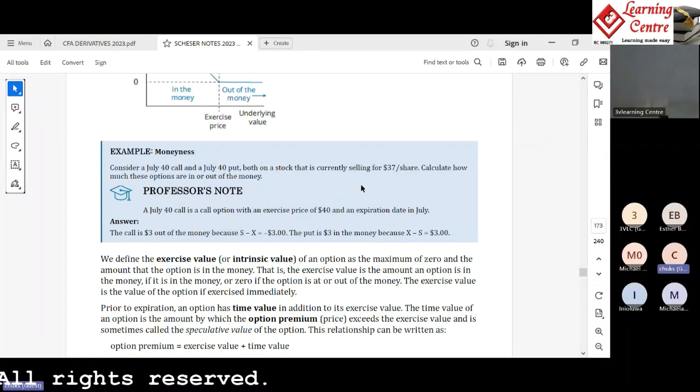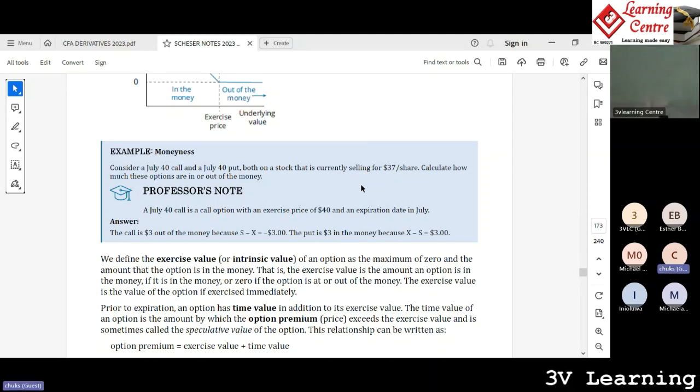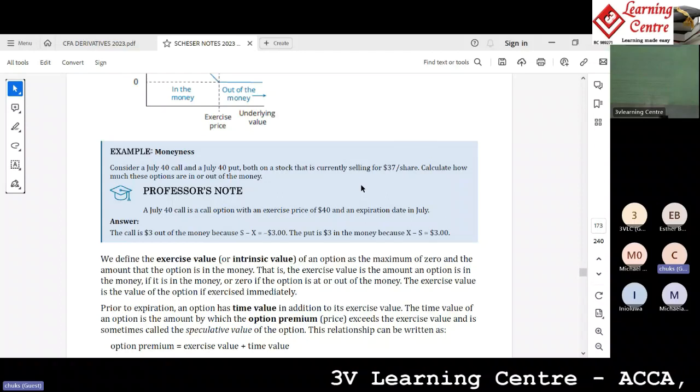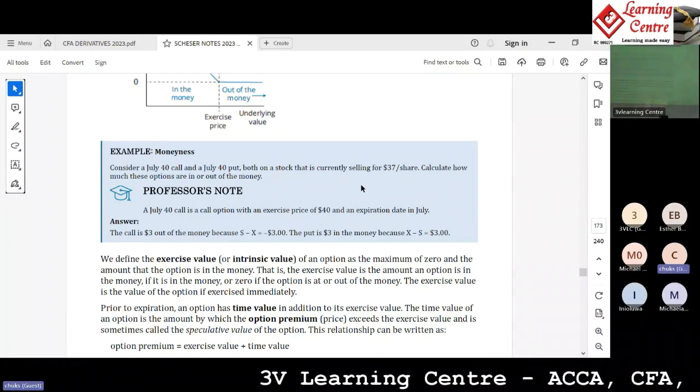So if you now say the price in the market is 42, for example, it means that you are going to exercise your call option, or you are in the money, because 42 is more than the 40 you have agreed to buy. So you have a benefit of 2.